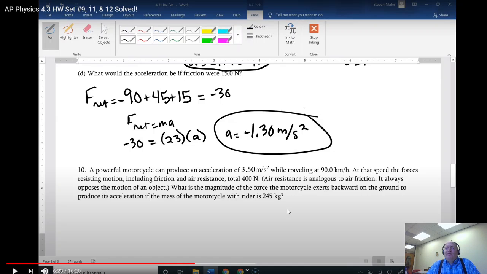If D had said 50 newtons for friction, would we still say it's acting to the right? No, we can't. My brain hurts. Okay, so let's go back to her free body diagram.